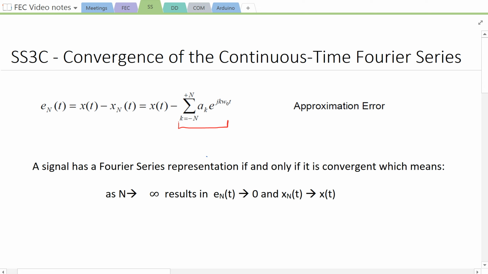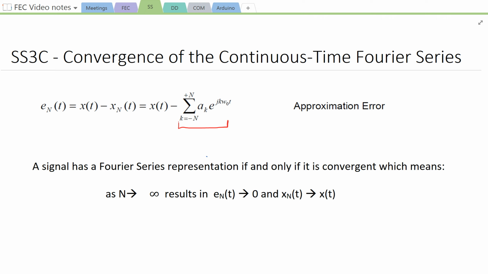So the error, the difference between the actual x of t and the approximation that comes from the Fourier series summation, would be 0. But since we cannot go to infinity, we approximate, but as n increases, we should see that error get smaller and smaller. In some cases, that is not exactly what happens.